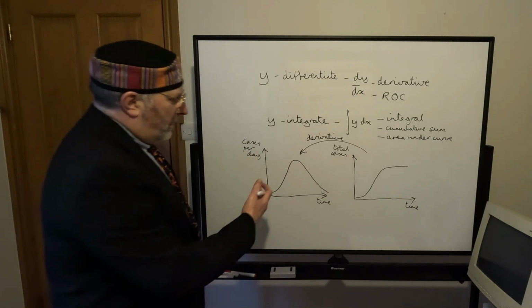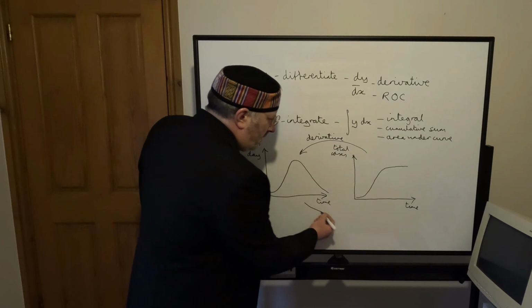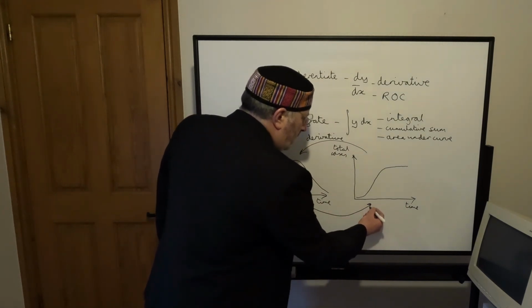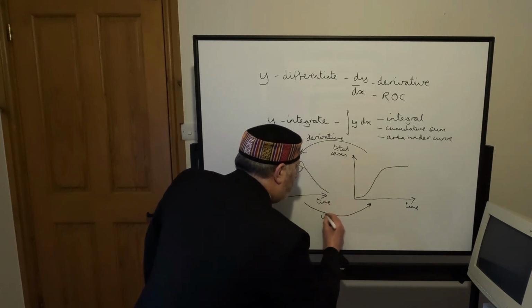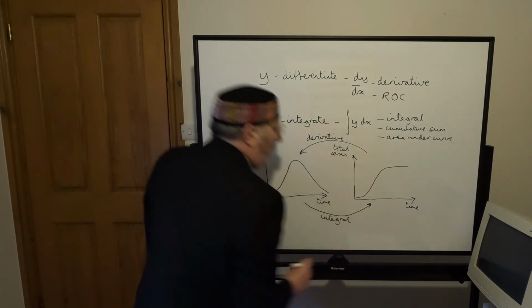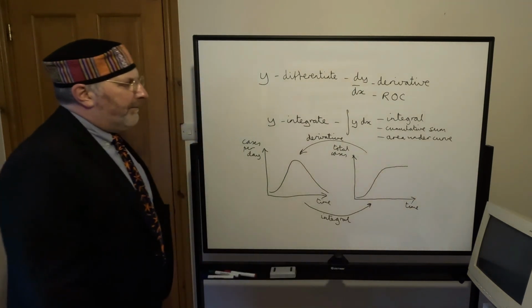And similarly, the total cases was the integral of the cases per day. It was adding up the cases per day to get the total cases that had occurred so far.